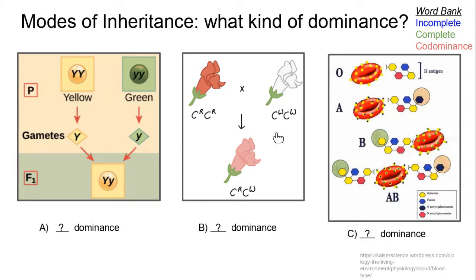The middle one is incomplete dominance. And then you are going to see examples of how that happens. It's pretty intricate, but I don't want you to actually memorize how it happens. I want you to understand how you end up with a phenotype that is somewhere in between. So far so good?